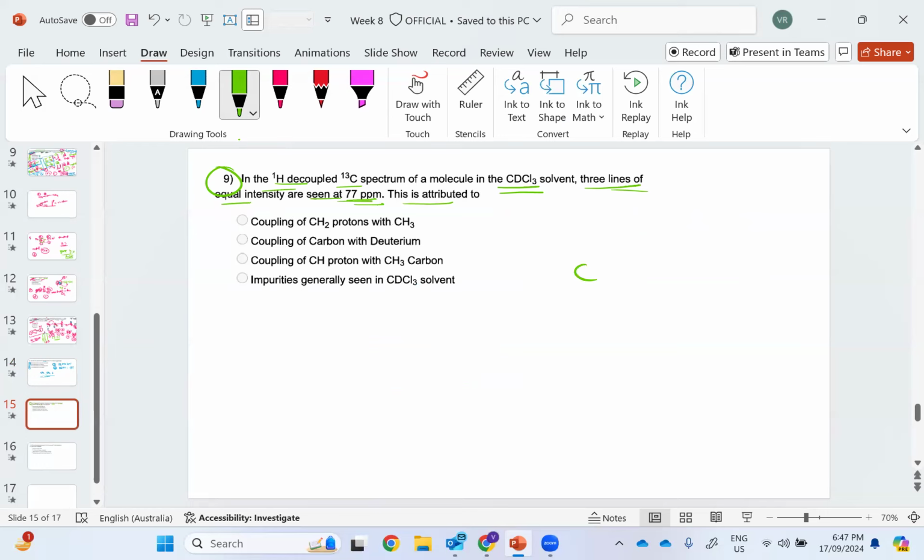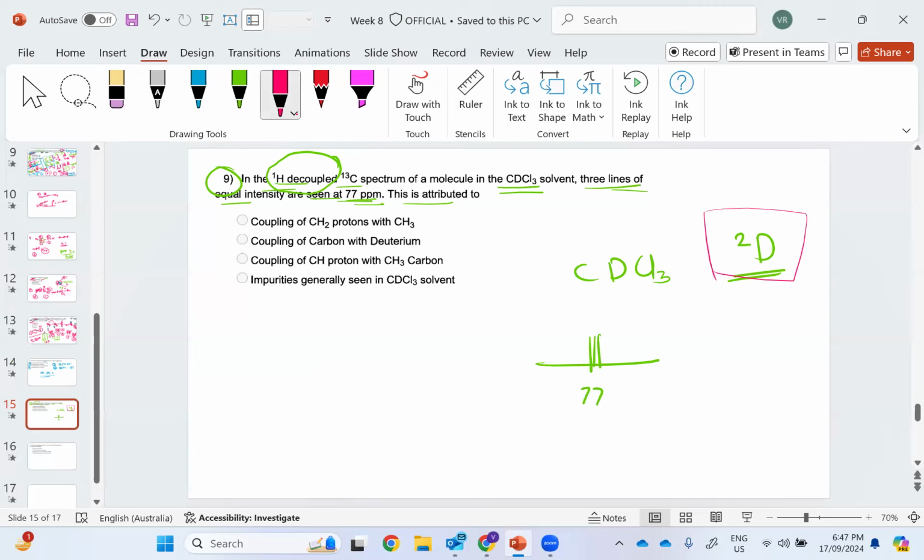Why does CDCl3 show three lines at around 77 ppm? So you observe sharp three lines in the carbon NMR spectra. Why is this? Although we are decoupling the proton here, we don't decouple the deuterium too, right? So this is the reason.